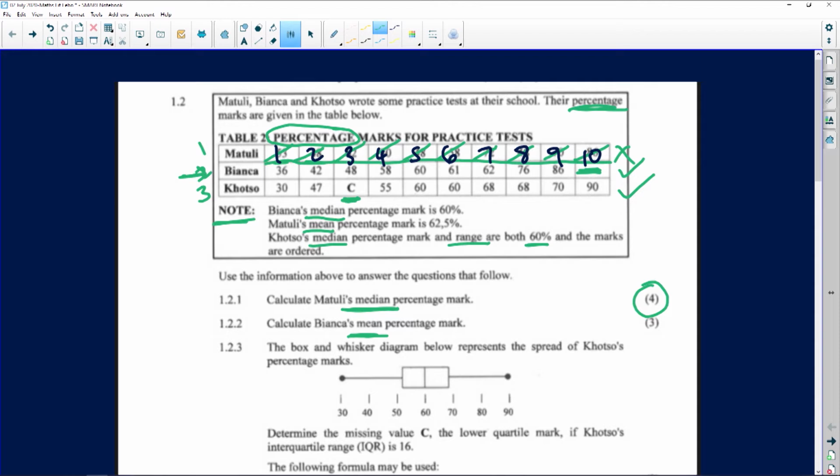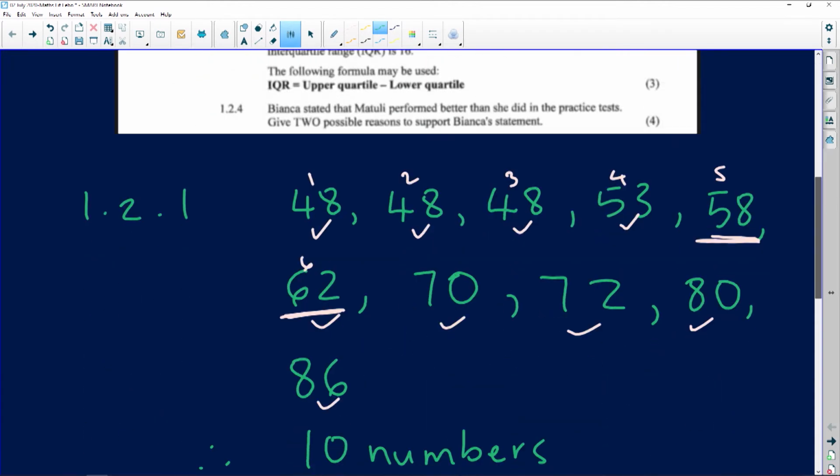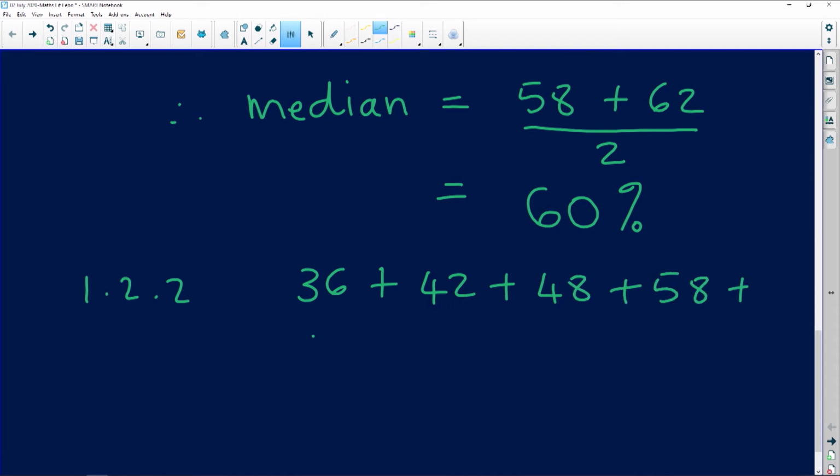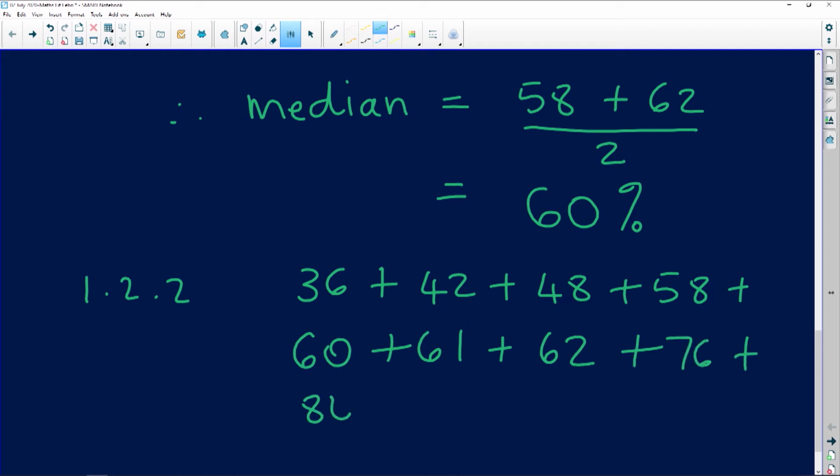So we're going to add up Bianca's marks. That's 1.2.2. Let's add Bianca's marks. That's 36 plus 42 plus 48 plus 58 plus 60 plus 61 plus 62 plus 76 plus 86.